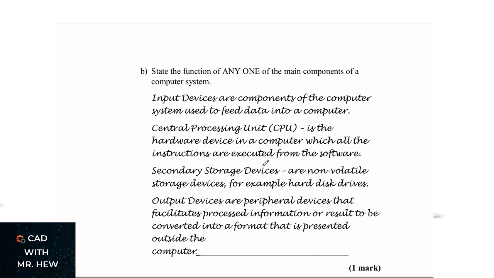The secondary storage devices are non-volatile storage devices, for example, hard disk drives. Output devices are peripheral devices that facilitate the processed information or result to be converted into a format that is presented outside the computer, such as using a monitor or printer. This question, if answered correctly, is worth 1 mark.